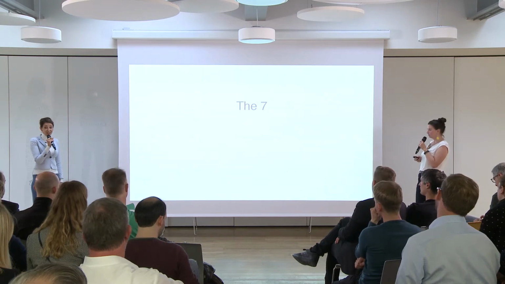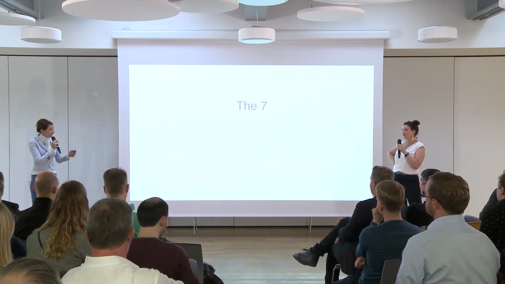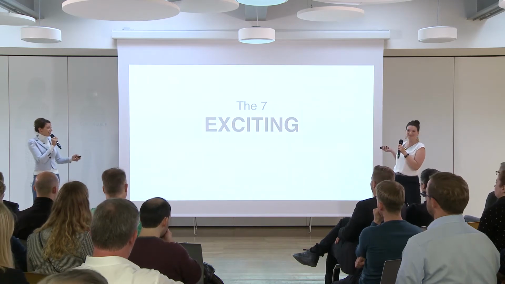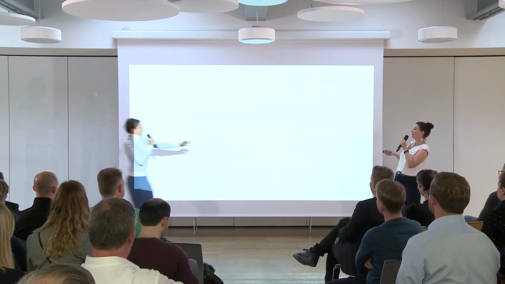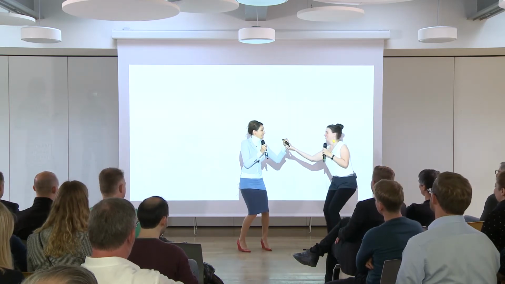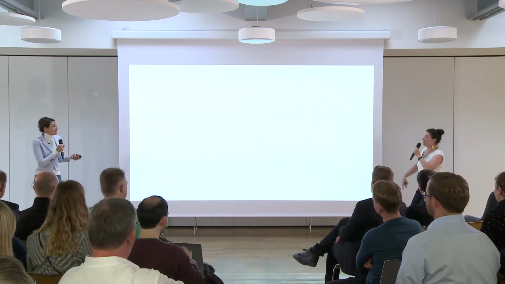Yeah. So now we're going to explore the 7 exciting, you're going to have to click, exciting, there you go, categories of additive manufacturing. Oh, wow. Maybe I click on this one. All right, excellent. 7, that is so many.